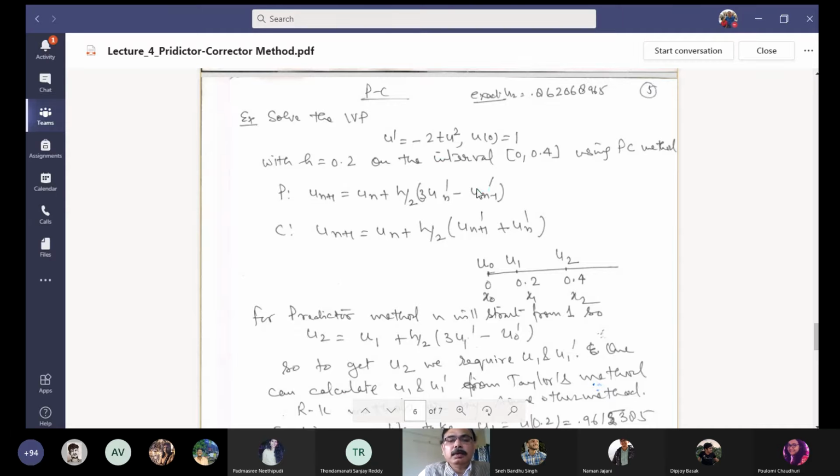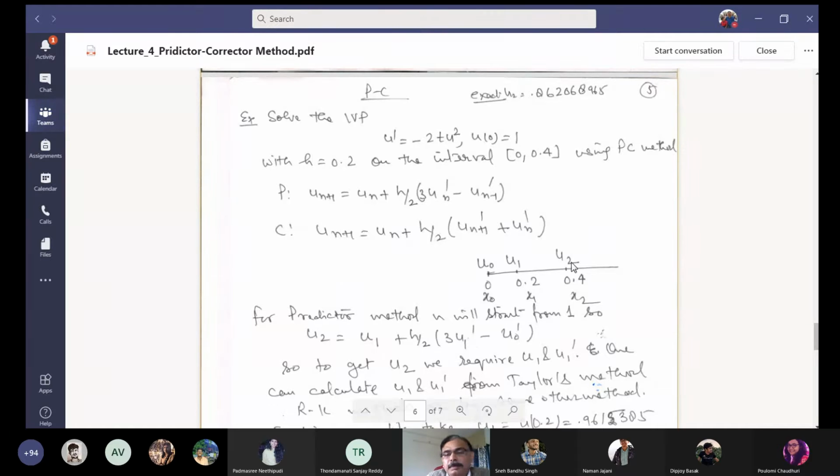You can calculate. The only trouble here is that we cannot start with y1. We have to start with y2 here, because n minus 1 is there. And the corrector method is given as I was explaining for the general one: un plus 1 equal to un plus the average of the two slopes at xn plus 1 and xn.